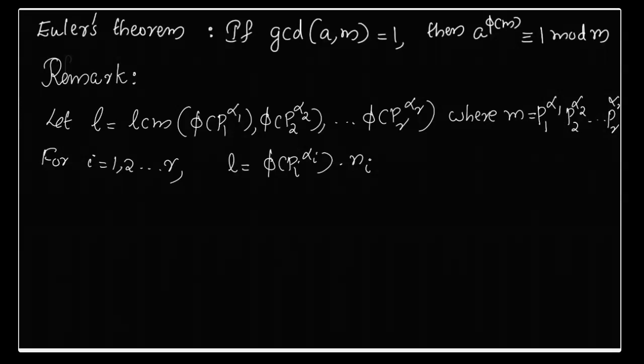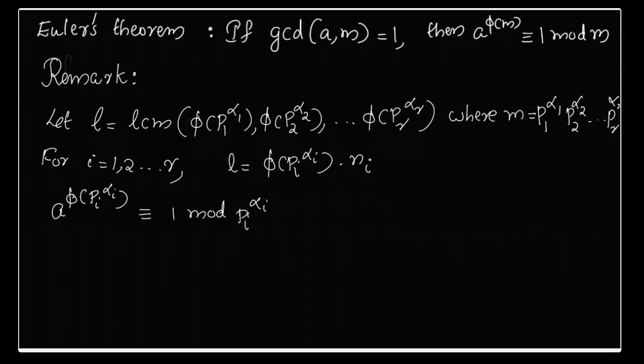Now, from the proof of Euler's theorem, we have the congruence relation A raised to phi of Pi raised to alpha I is congruent to 1 modulo Pi raised to alpha I using case 1 from the proof of Euler's theorem.